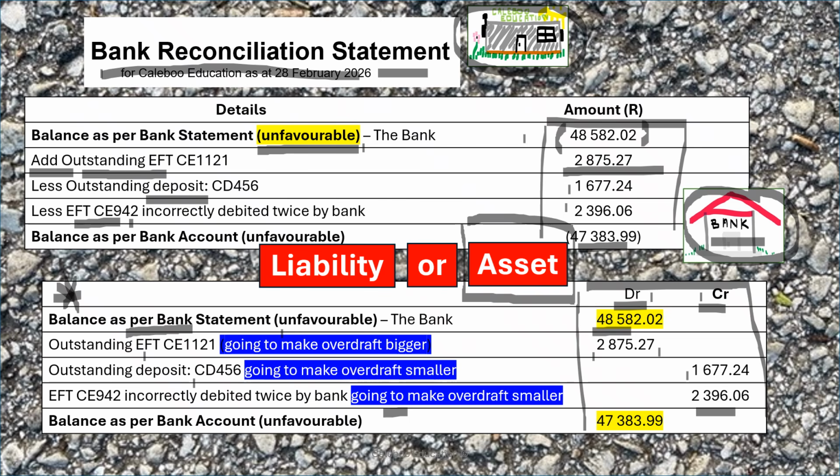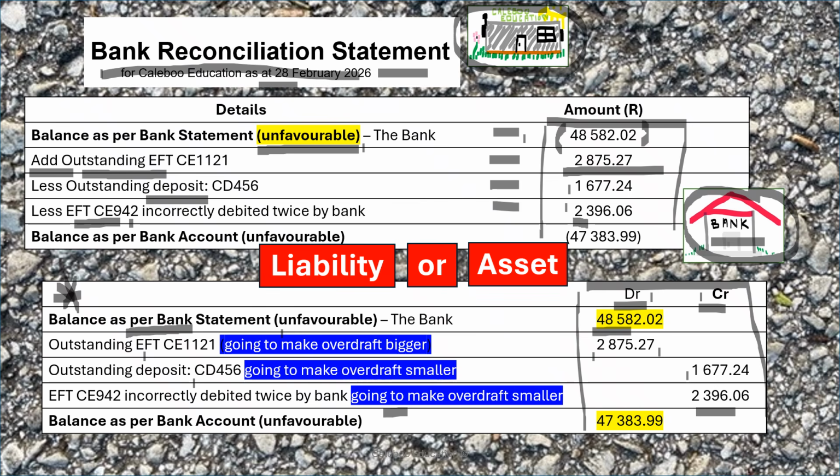So if I said in this first example, 48,000 plus 2,875 and 27 cents, less the outstanding deposit, less the EFT that was incorrectly debited twice, it's going to give us a balance at the end of February, because this year has been drawn up underneath there, it says for February.